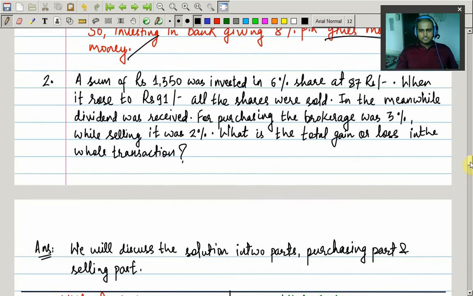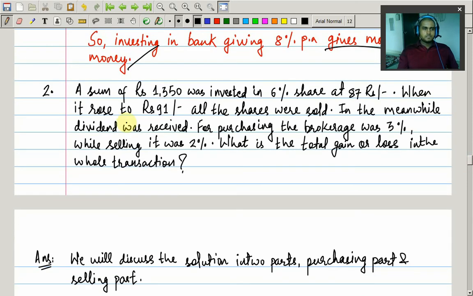So let's take the second question. A sum of rupees 1350 was invested in 6% shares at 87 rupees. When it rose to rupees 91, all the shares were sold.